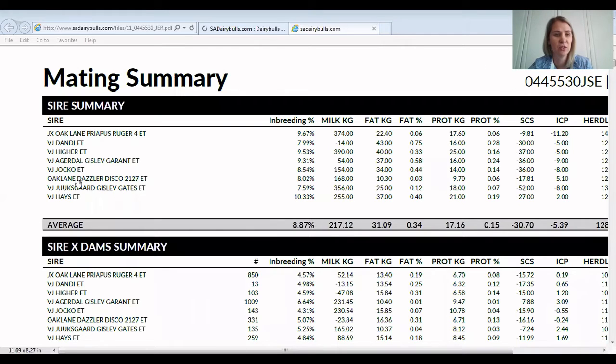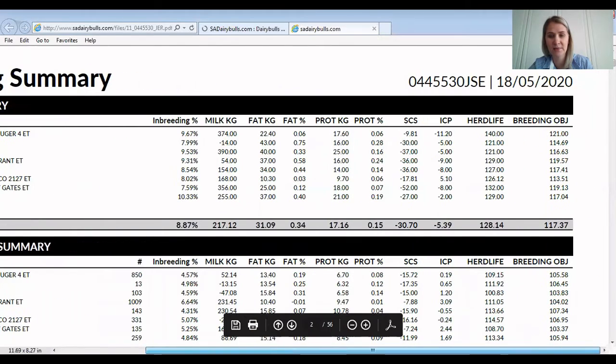Here we have the 8 bulls that we have chosen, the sires, and the inbreeding percentage of each of them. So you'll see over here, Hayes has quite a high inbreeding percentage. Then we have the kilograms milk, fat, and protein. Over here for milk, you'll see Dandy is negative, -14 on milk, as well as the somatic cell counts, intercalving period, and your breeding objective at the end here.